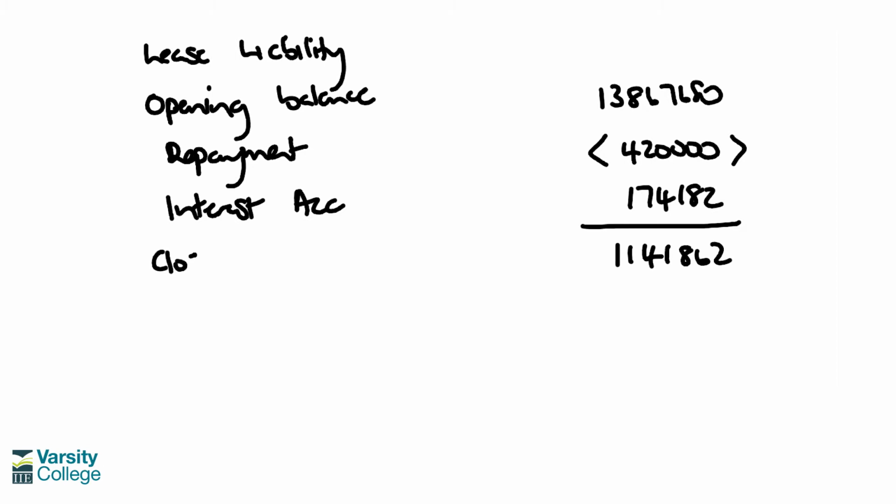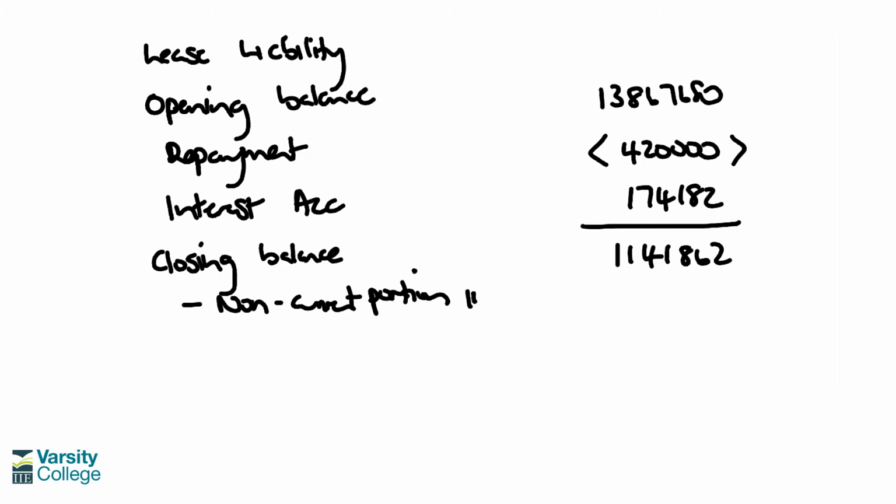But what we do have to do with the closing balance is we have to split it between the short-term portion and the non-current portion. Okay, so the non-current portion, and that we're going to do as a balancing figure because it's just easier. So non-current portion included in non-current liabilities, and short-term portion included in current liabilities.